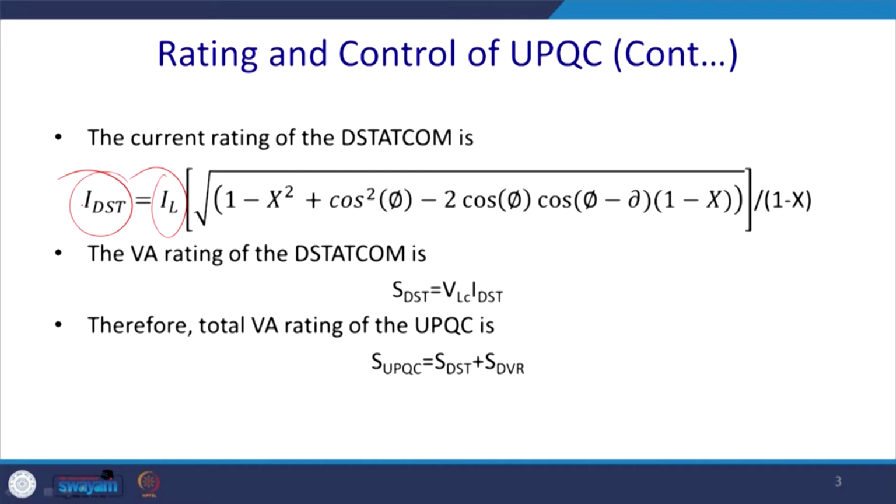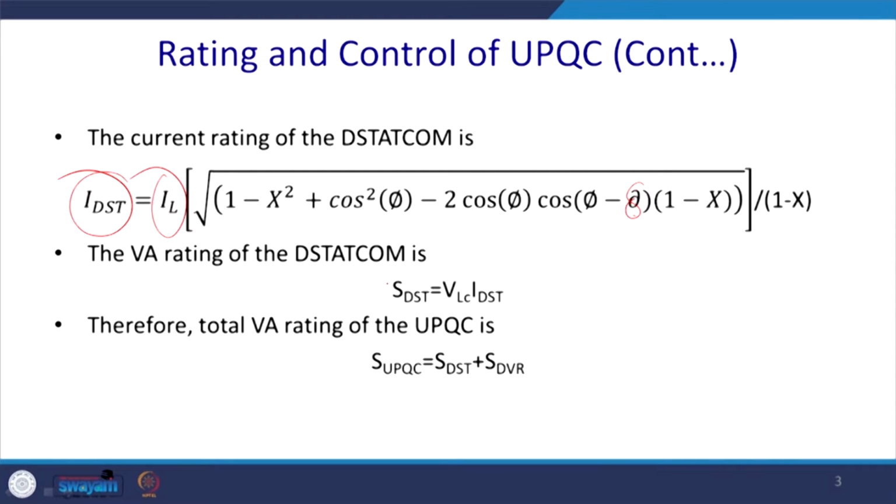So, you have these expressions, which we mentioned in our previous case, where x is the sag factor. So, it will be IL into the square root of 1 minus x square plus cos phi square minus 2 cos phi minus eta 1 minus x by a. So, there are a few new terms and it will be delta.